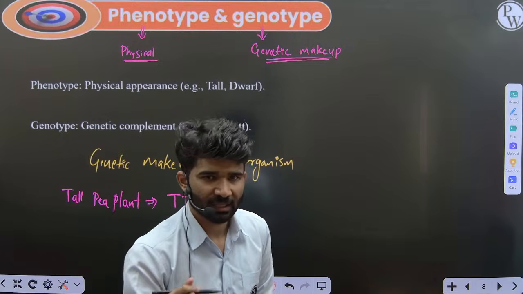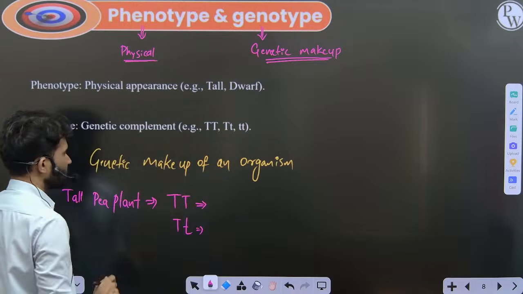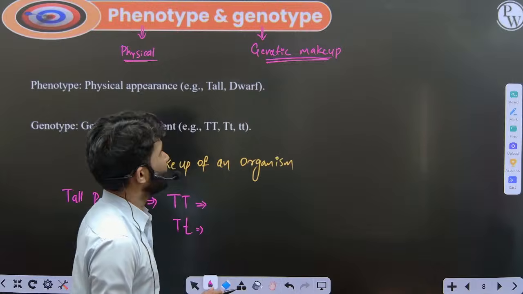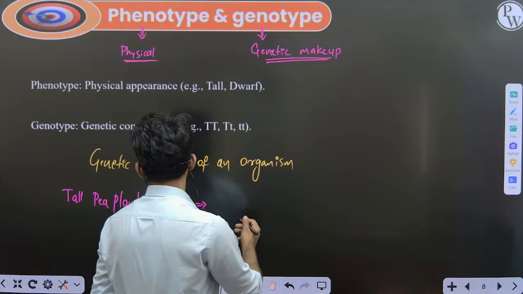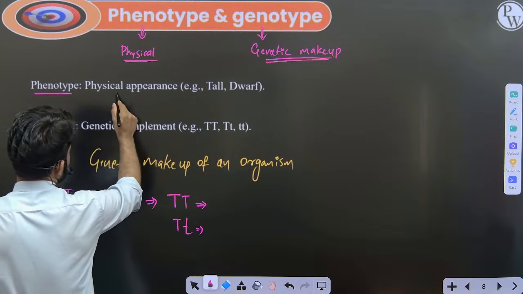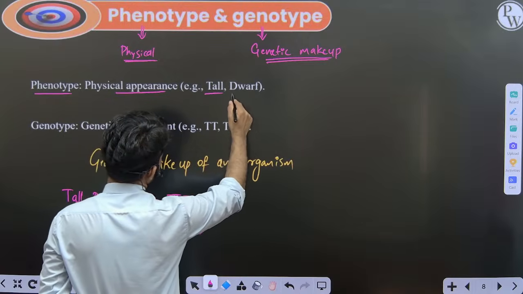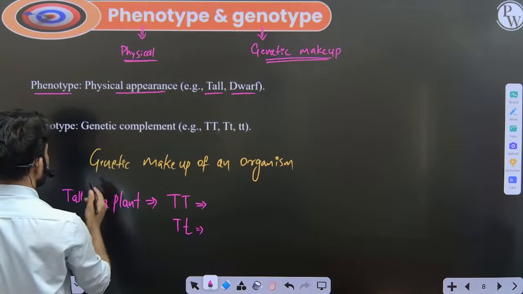So we are going to study this concept, testing the genotype with the crossing method. How it looks externally, whether the plant is tall or short, that is what we call phenotype.